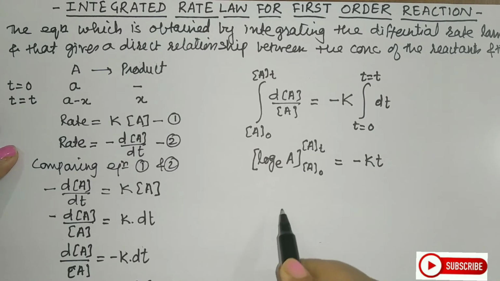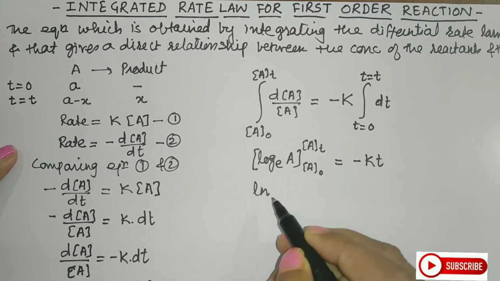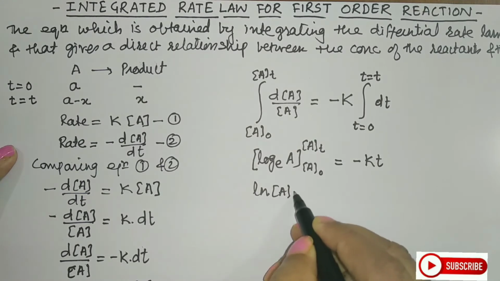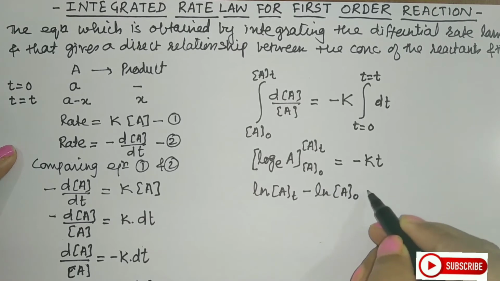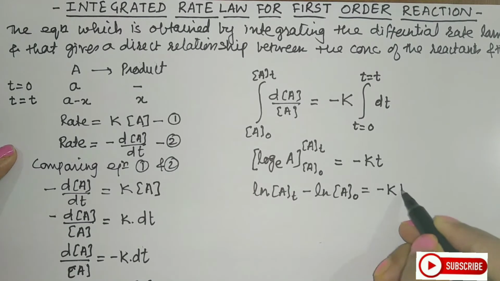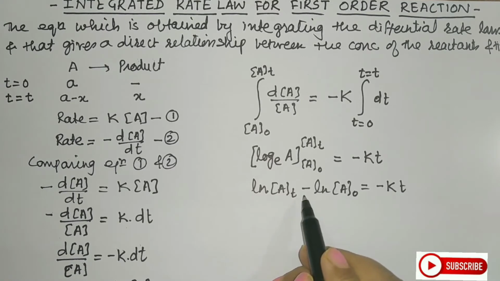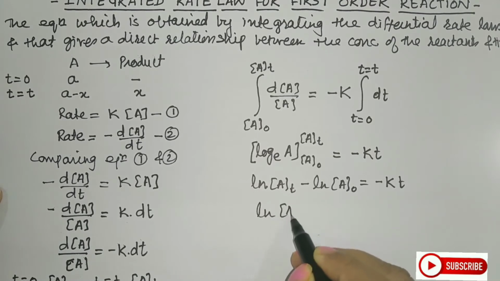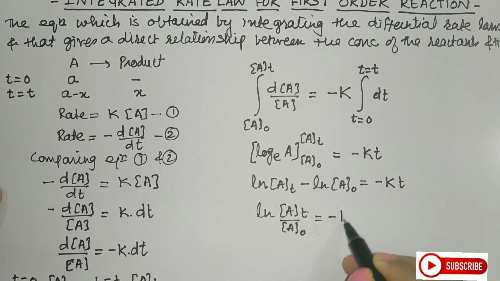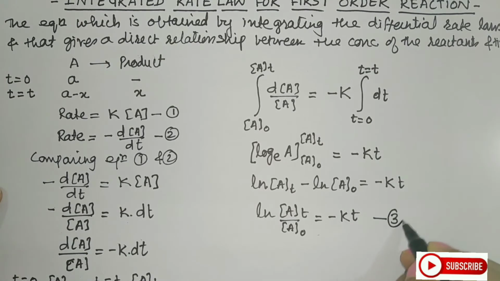So for the derivation, usually we use ln. So I'll be using ln here. So it will be ln concentration of At minus ln concentration of A0 is equal to minus kt. Now, when it is minus here, I can put this in the division form. So it will be ln At upon A0 is equal to minus kt. Let us mark this equation as equation 3.